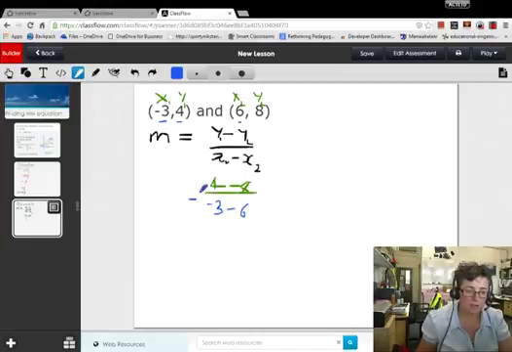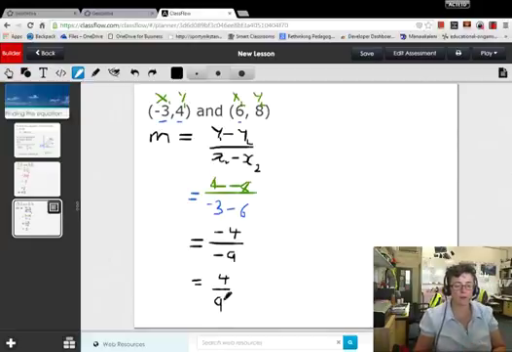And then we solve this. 4 minus 8 is minus 4, over minus 3 minus 6, which is minus 9. So our answer, a minus divided by a minus, is a plus, and 4 over 9, we won't break that down. We'll leave that as a fraction.